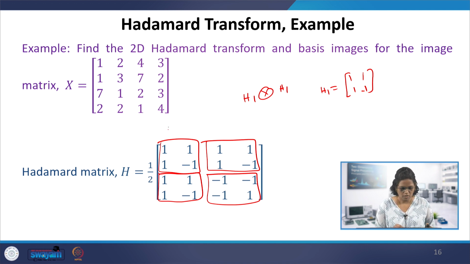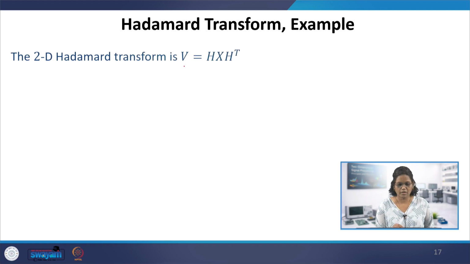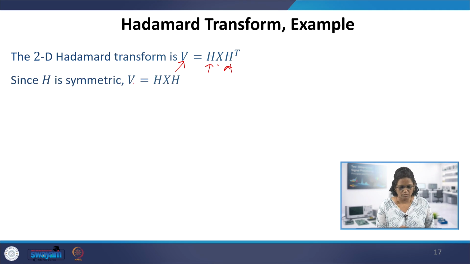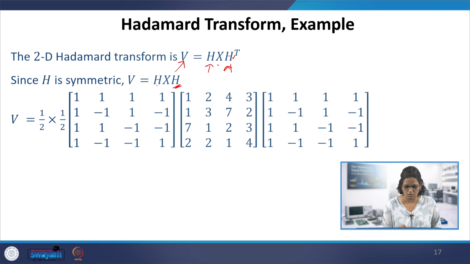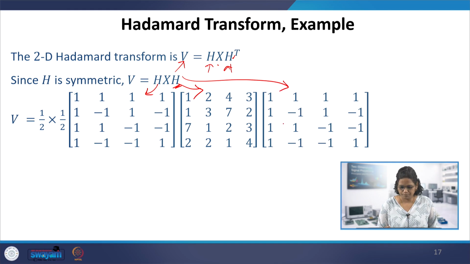Now we are going to multiply this in the fashion to get the transform coefficients. H into X into H transpose. So H is symmetric, we have seen, so H transpose becomes H. So we get this H and X is this one, and then again H we can multiply with it.